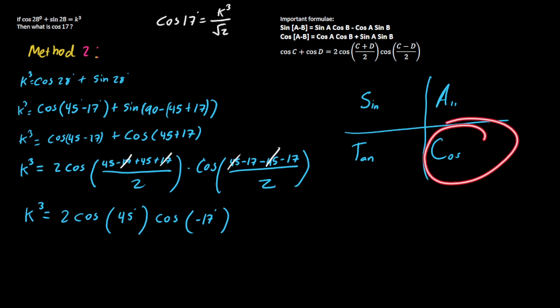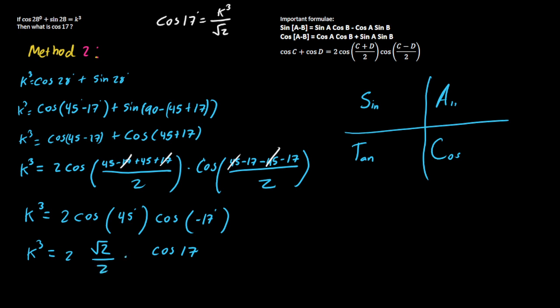We see that cos is positive in the fourth quadrant. So this would just be equal to cos 17. So we would have k cubed is equal to 2, and cos 45 is root 2 over 2. So I can just write root 2 over 2 times cos 17.